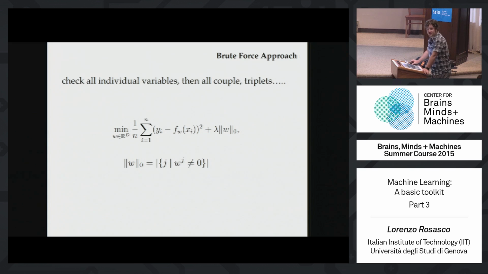Okay? In practice, these questions arise immediately because if you have two measurements that are very correlated, or even more, if they're perfectly correlated, you might build out of two measurements a third measurement which is just a linear combination of the first two. So at that point, what would you want to do? Do you want to pick the minimum number of variables, the biggest possible number of variables?